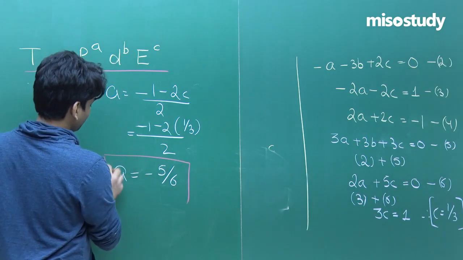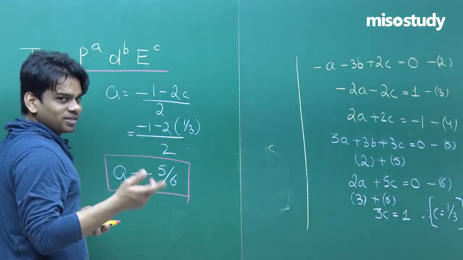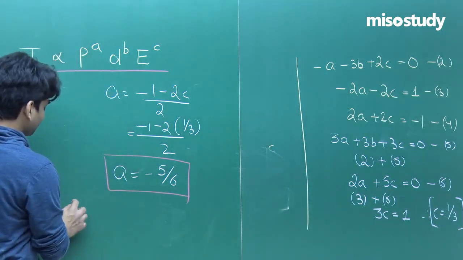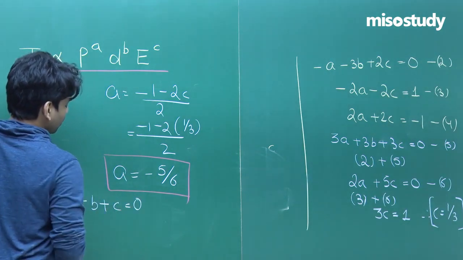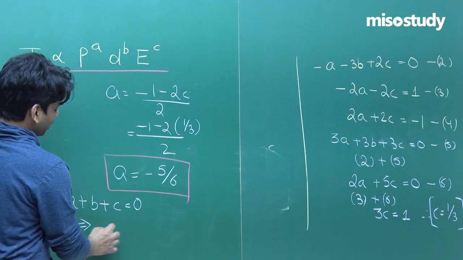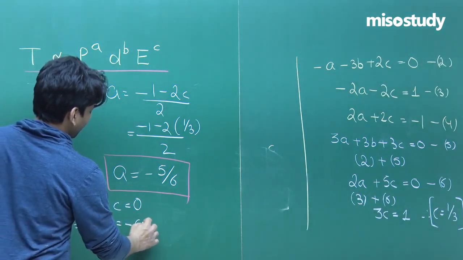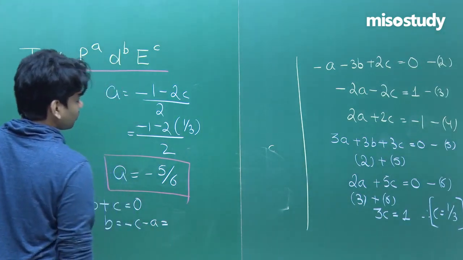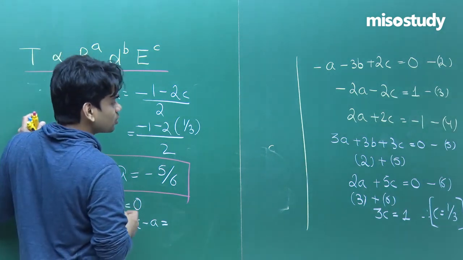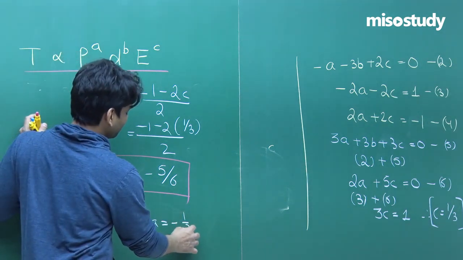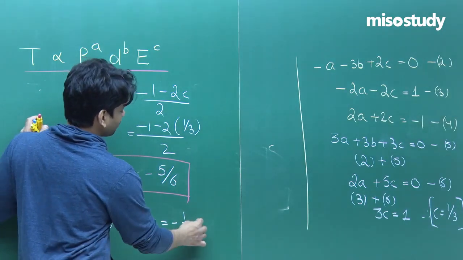Now, A plus B plus C was equal to 0, we know that. So B will come out to be minus C minus A. So that will be equal to minus C, where C is 1 by 3, so minus 1 by 3, and minus A will be plus 5 by 6.